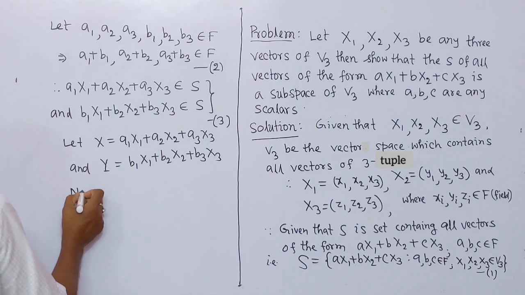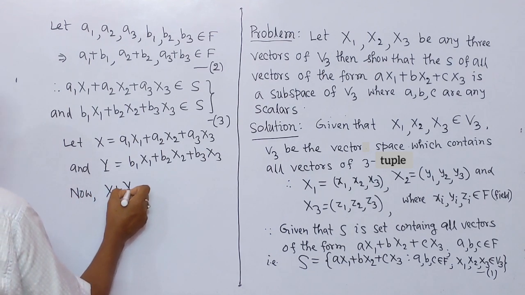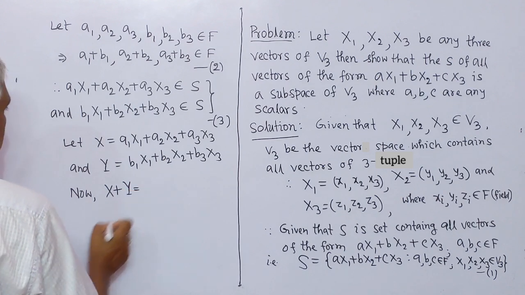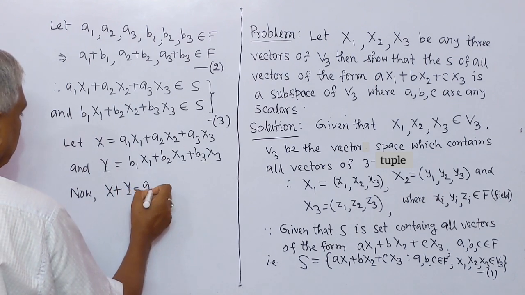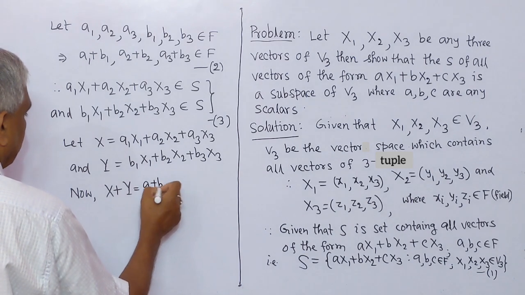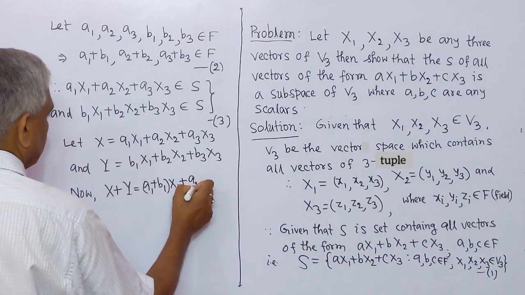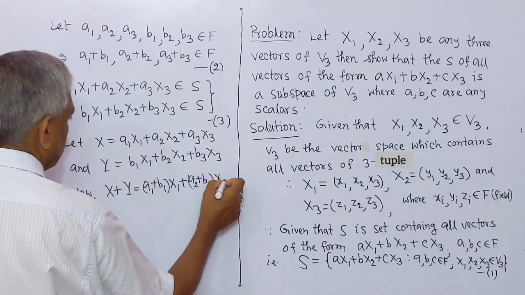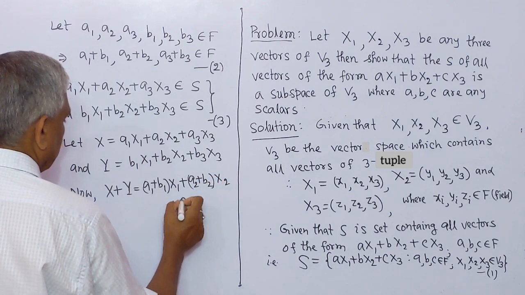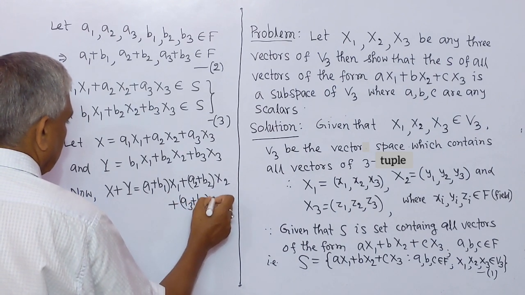Now capital X plus capital Y equal to, we may write this, A1 plus B1 x1 plus A2 plus B2 x2 plus A3 plus B3 x3.